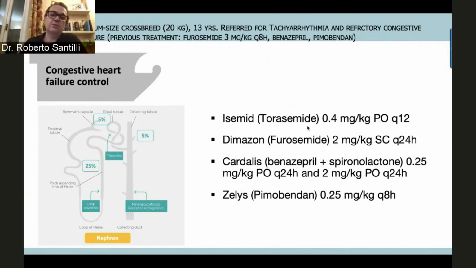Remember that torsemide is very potent. It's less common with torsemide to have diuretic resistance, very, very much less common compared to furosemide. And the other important thing that has been shown is that torsemide can also have some anti-aldosterone effect.